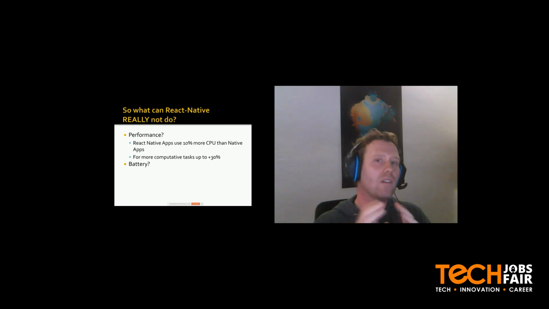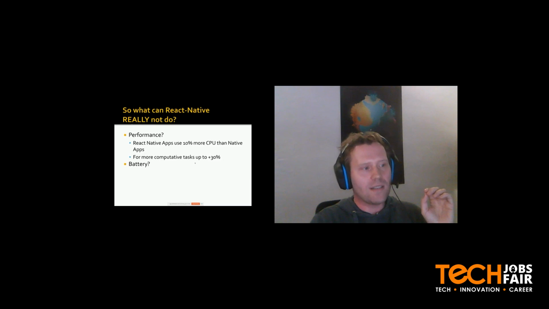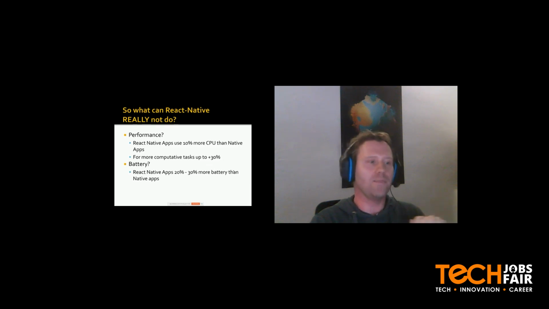When I have it, my battery really is being eaten up really quickly. And the reason is that React Native apps use 20 to 30% more battery than native apps. This is also one thing where React Native has a little downside.